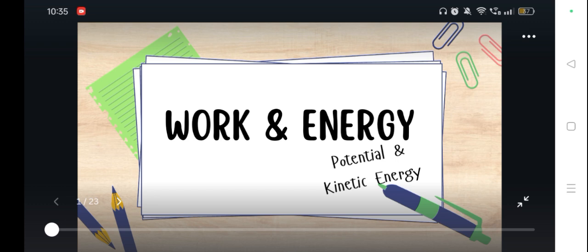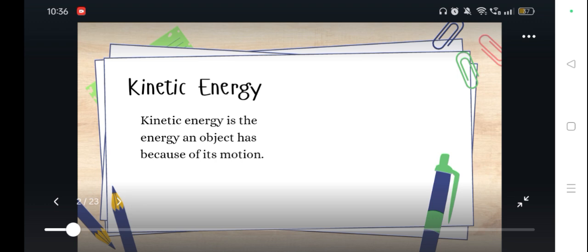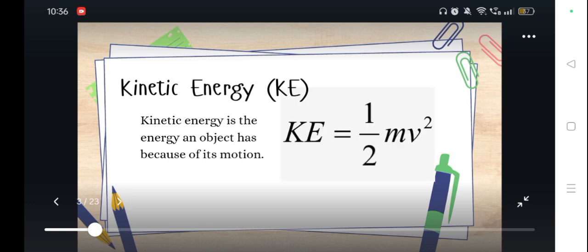And this is about work and energy, particularly these types of energy, potential and kinetic. First, kinetic energy is the energy of an object that is acquired because of its motion. One can measure or quantify kinetic energy using this mathematical equation.